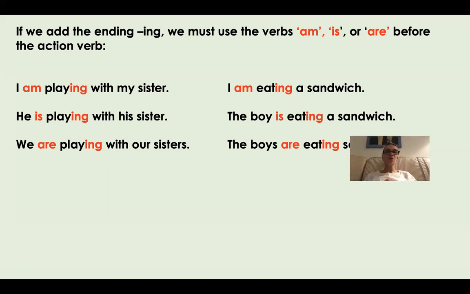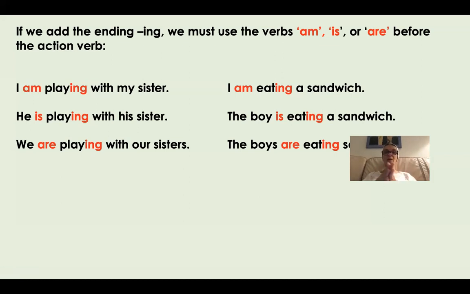Okay, grade 2. So all of these have ing, and I've used am, is, and are to show you when you're supposed to use them. When I am the one, when I is the subject of my sentence, then I always use am. I can't say I is, and I can't say I are.